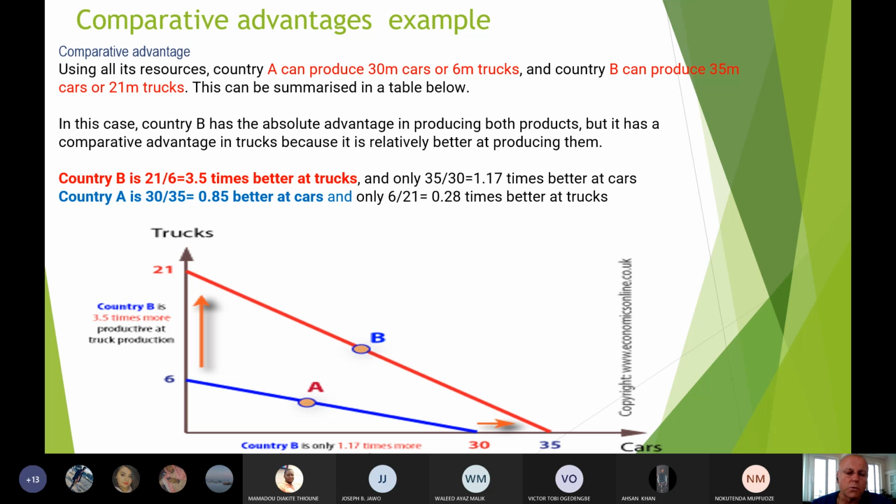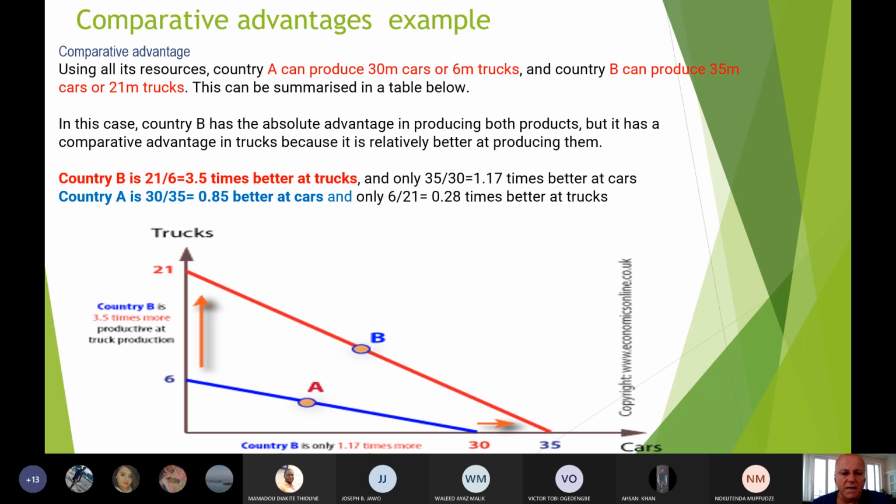Using this opportunity cost application, for country B, 21 to 6 gives 3.5 times better at trucks, and dividing 35 by 30 in cars makes it only 1.17 times better at cars, which means country B is better off producing more trucks compared to cars.